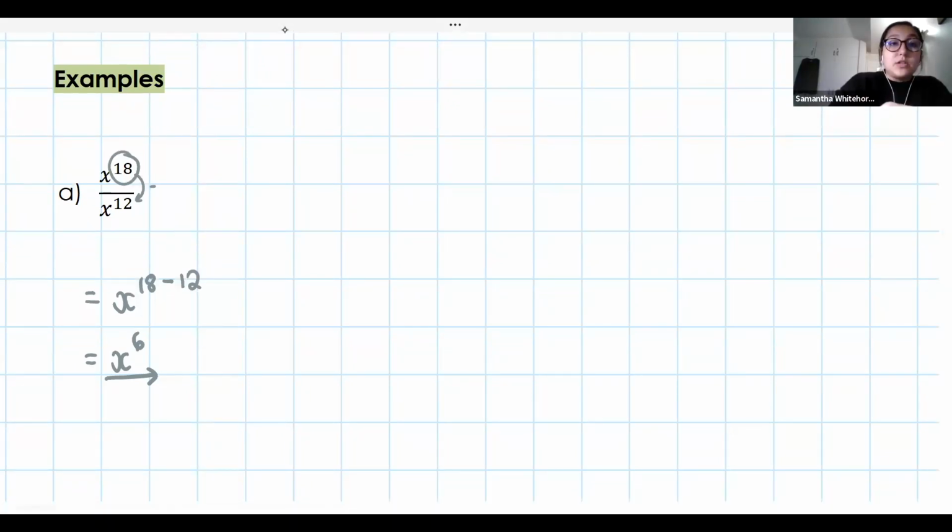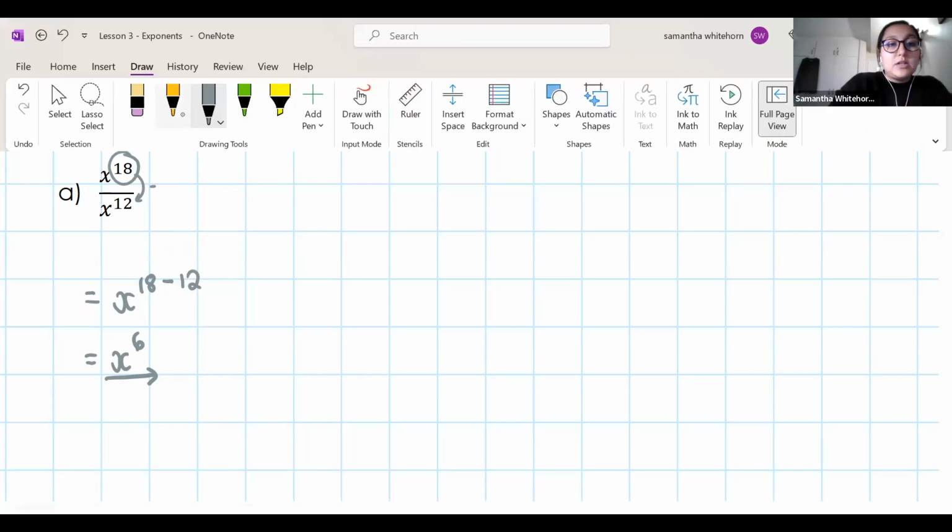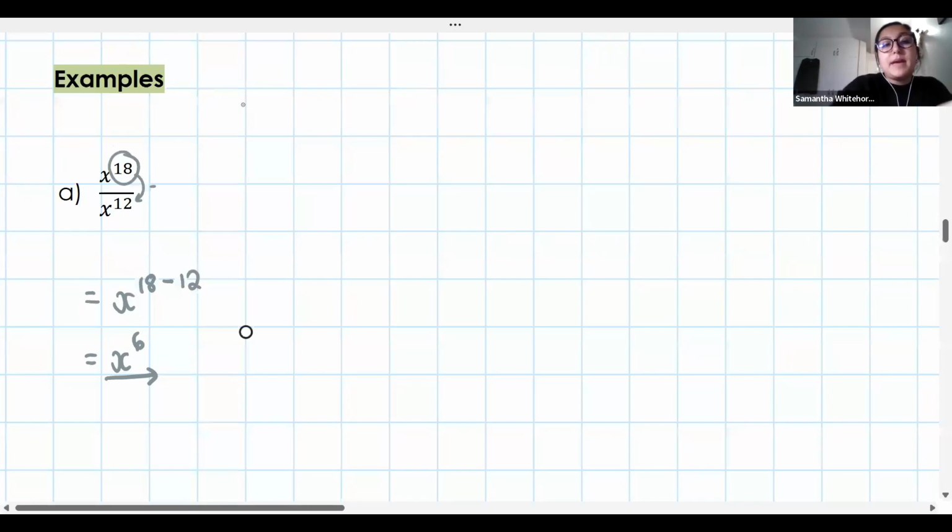How I like to do this personally is I like to break down what the exponent is actually telling me. So remember, x to the power of 18 tells me that I am multiplying x 18 times.